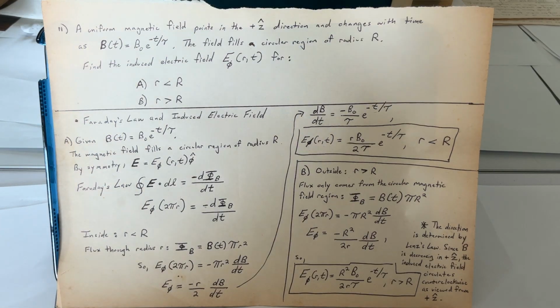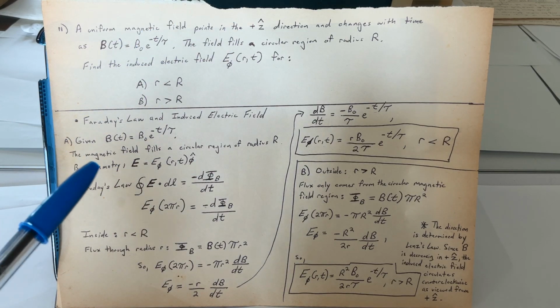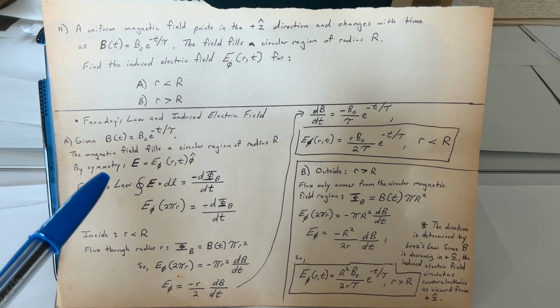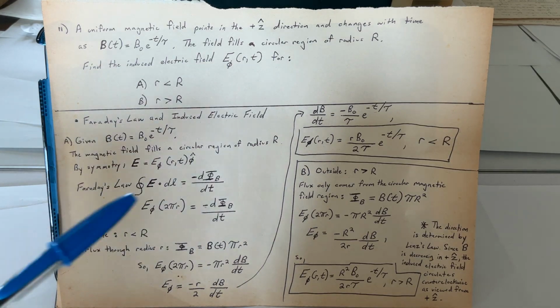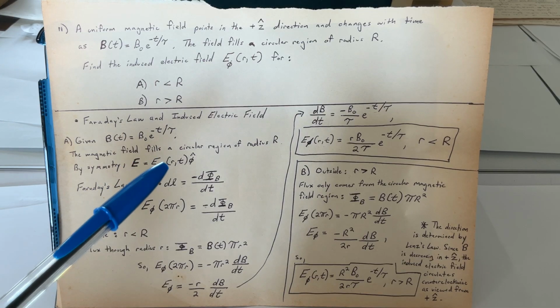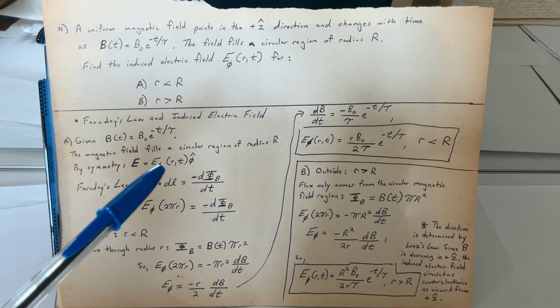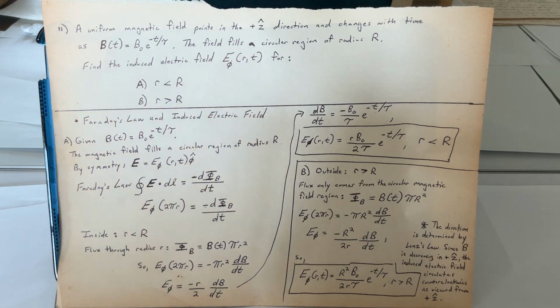Okay, so this is Faraday's law, an induced electric field. We're given the magnetic field, and the magnetic field fills a circular region of radius R. By symmetry, the electric field is E sub phi of r, t, phi hat.